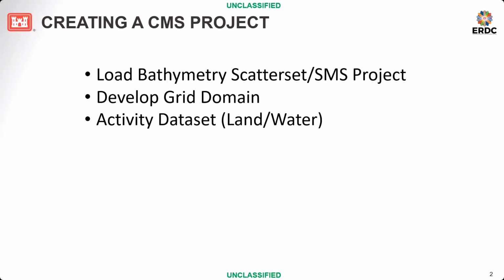I think we did a lot of that yesterday, working with different datums. Today we'll be moving beyond that. Now that we have that scatter set, we'll develop a grid domain and identify the activity of the domain as either land, which will be the inactive, or water, which is the active computational space.